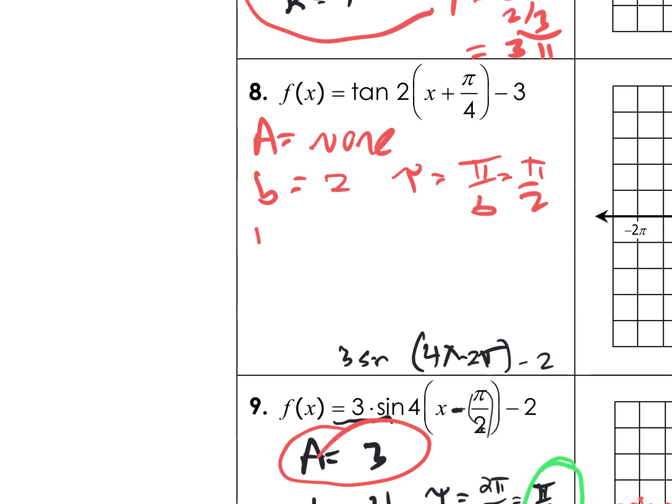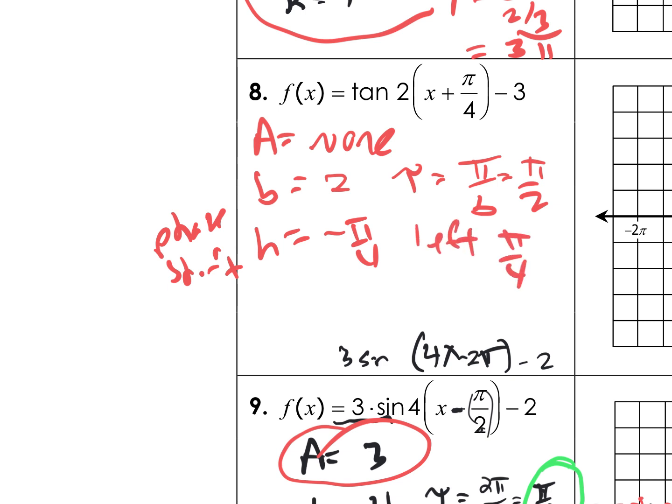What's my H? My phase shift. Pi over 4. Left or right? Right. No. My H is a negative pi over 4. It goes left pi over 4. What's my K?